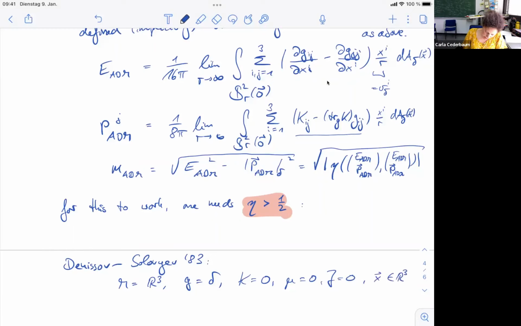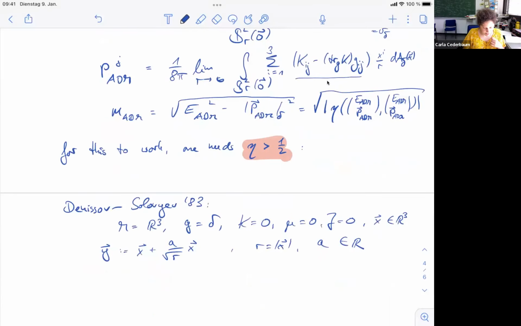And then they define new coordinates y as x plus a over the square root of r times x, where r again is the length of x and a is some real number. So this is a very valid coordinate transformation. It breaks down in the origin, but we only need coordinates outside some compact set. So we just excise some set around the origin, and then this is a perfectly nice coordinate transformation.